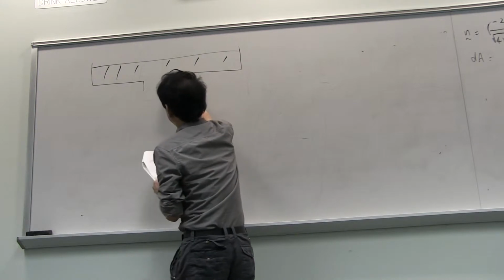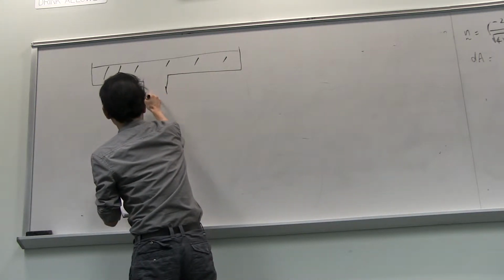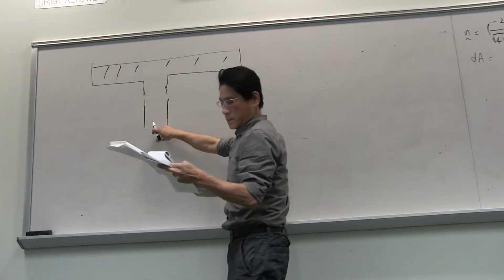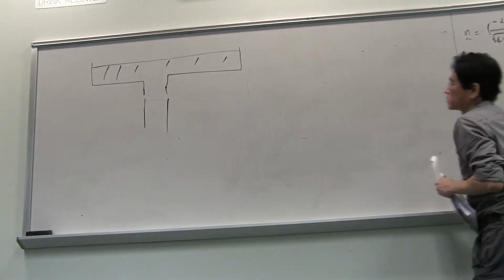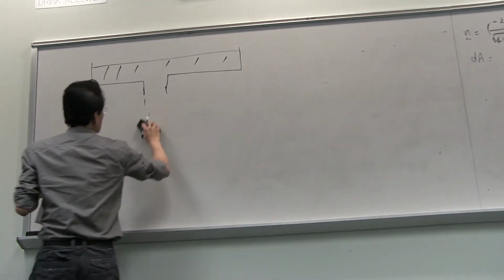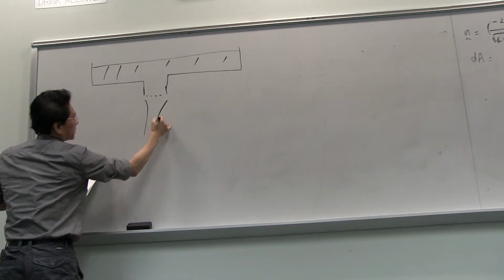Then you have an open nozzle, so basically you have a free jet, which gets thinner like this.